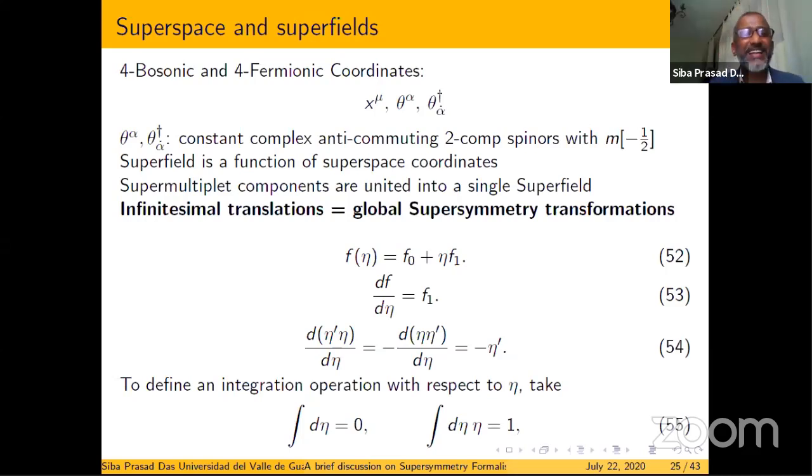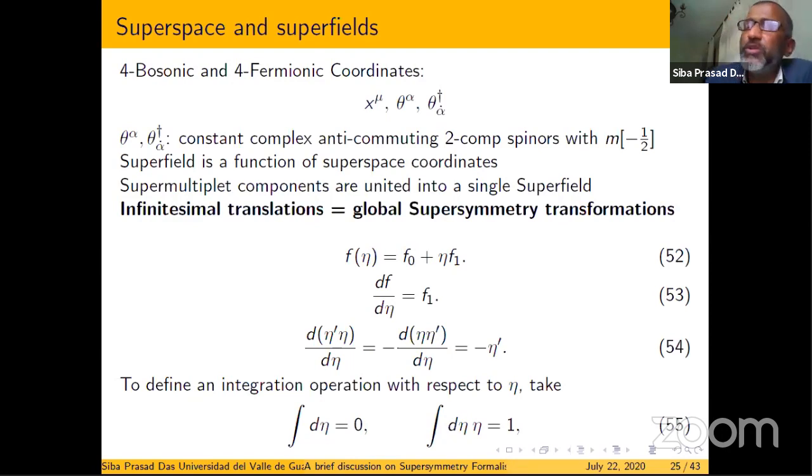So these are the superspace and the superfield. You see that I start with the same number of degrees of freedom, 4 bosonic and 4 fermionic. This is a different formalism, but at the end it gives the same result. Abdus Salam and Strathdee start with 4 bosonic and 4 fermionic degrees of freedom.